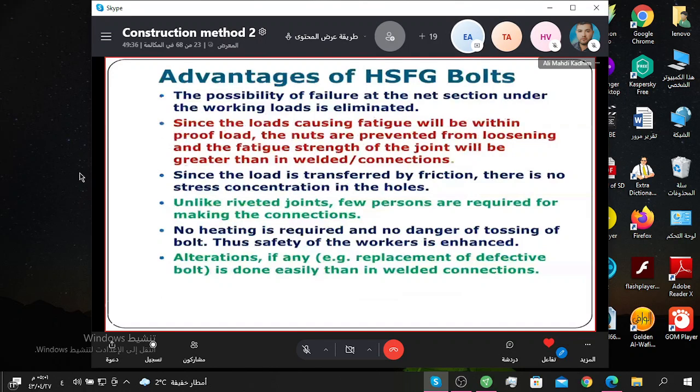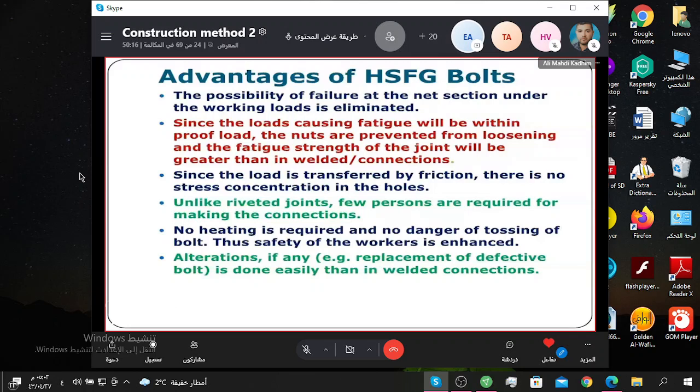Advantages of HSFG bolt. The possibility of failure at the net section under the working loads is limited, since the load causing failure will be within proof load. The nuts are prevented from loosening, and the fatigue strength of the joint will be greater than in welded connection, since the load is transferred by friction and there is no stress concentration in the hole.